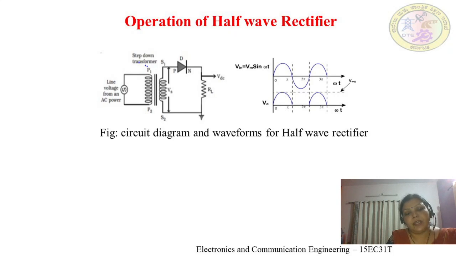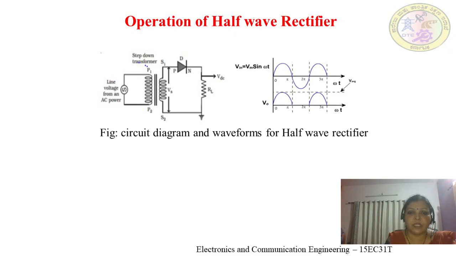Hence the first positive half cycle is coupled to the load from the secondary of the transformer. The load current flows in the direction S1, D, RL, back to S2. This is the direction of current flow during the first positive half cycle of the AC input.